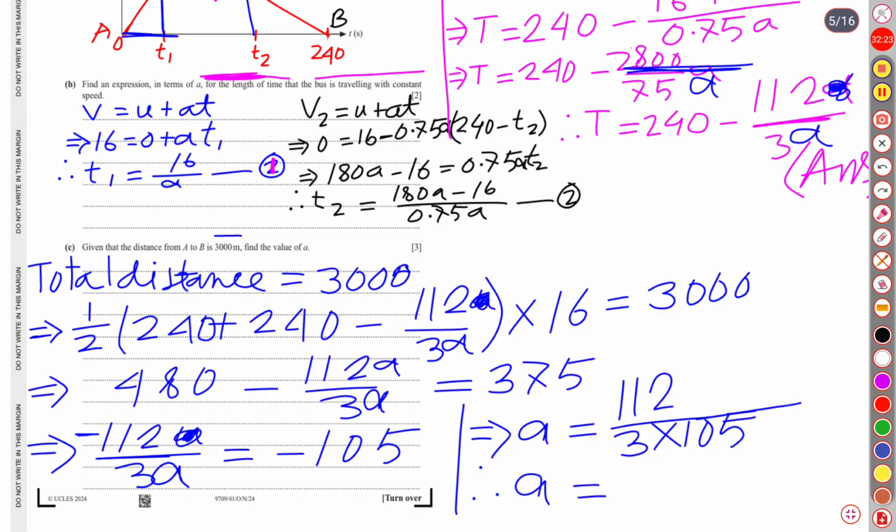So finally we divide 112 by 315. 112 over 315. Let us do this division.